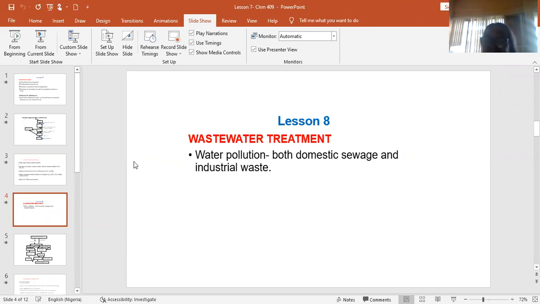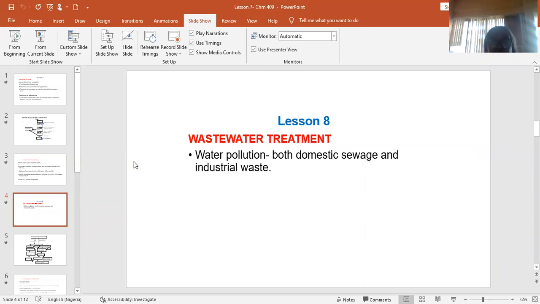But in some cases, for your industrial waste, you have to go to tertiary treatment, because some of these industries use chemicals. For instance, the pharmaceutical industry uses a lot of chemicals in producing drugs. A paint industry uses a lot of chemicals. A textile industry uses a lot of chemicals. All your dyes are chemicals.